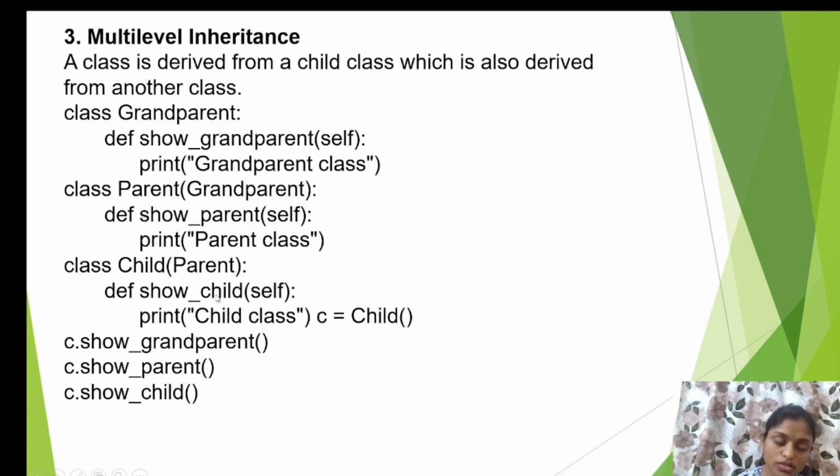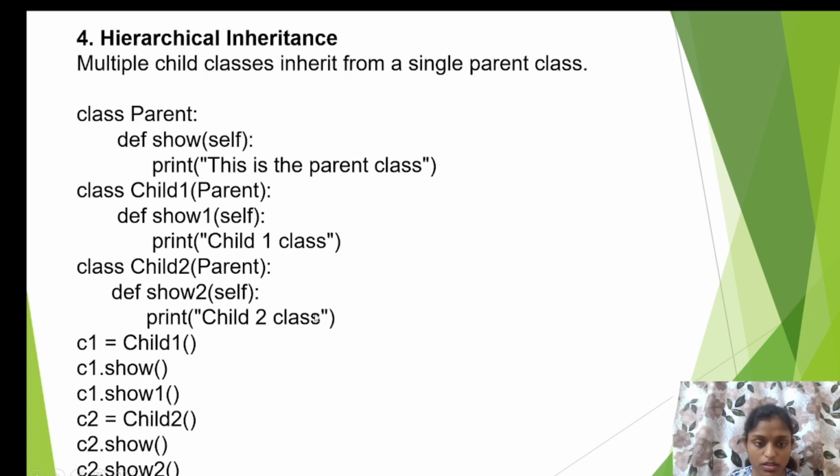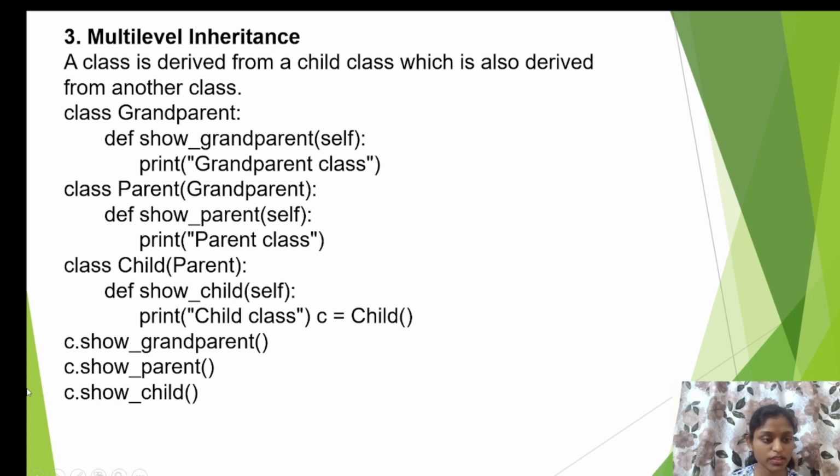Here also I created a method show_child(self) and printed child class. Here I created an object c1, and c1.show_grandparent, and I called grandparent, parent and child.